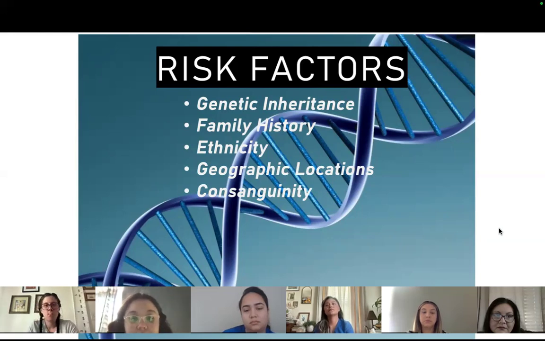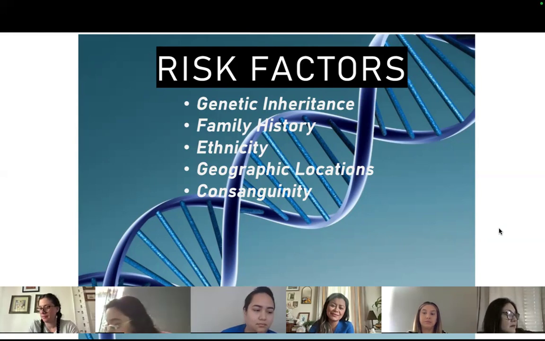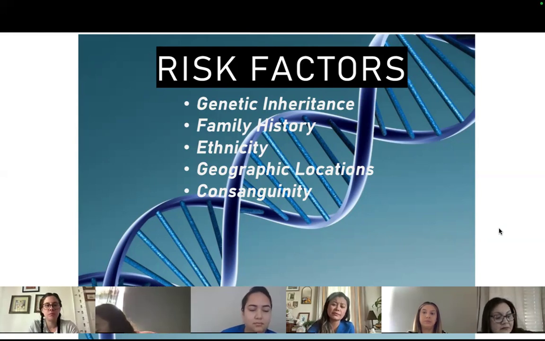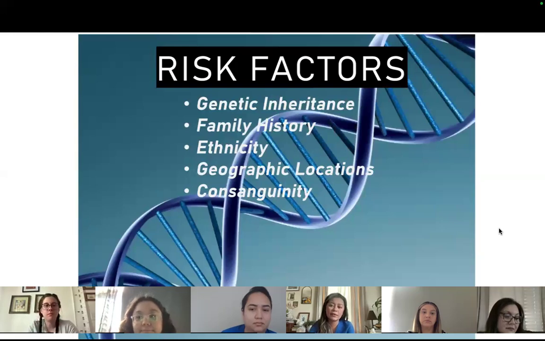Another would be consanguinity, which means marriages between close relatives, which increases the risk for inheriting two copies of the defective gene. And the last one would be geographic location, which means cystic fibrosis is more frequently diagnosed in regions where the carrier rate is high, such as North America, Europe, and Australia.